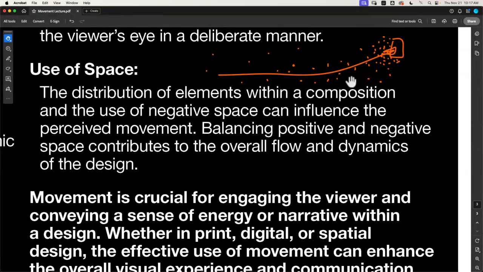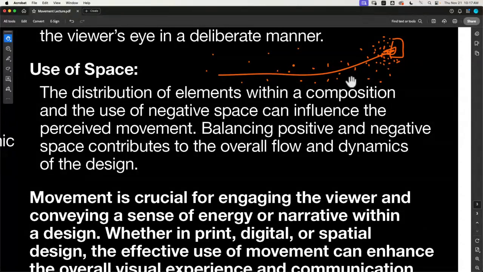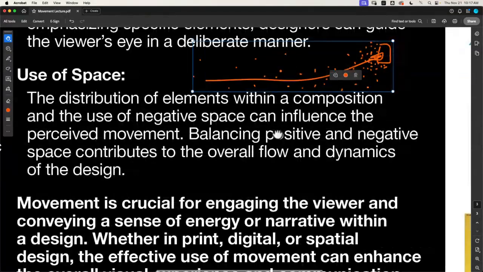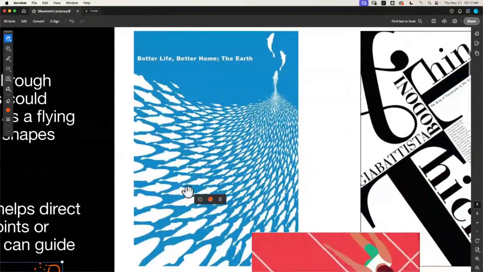It got to a point that his posters were so amazing that people would steal them from the walls, and they would have to put a stamp on them saying, if you stole this and we found it in your house, you could be arrested. That's what I'm talking about: people see our work and can be so moved by it that they want to have it. It just depends on how we combine all our design elements and principles, and we can get that to happen.